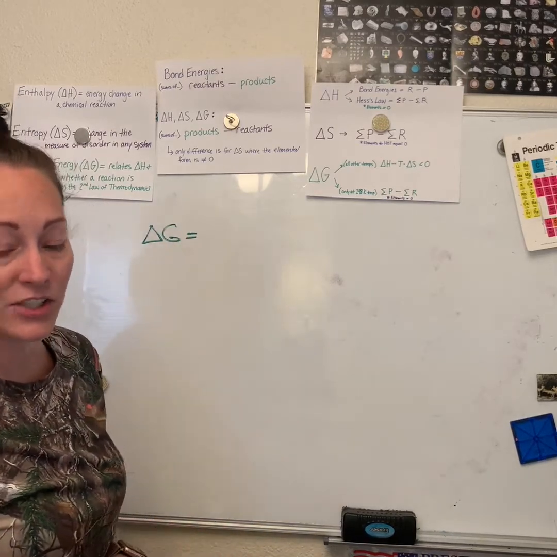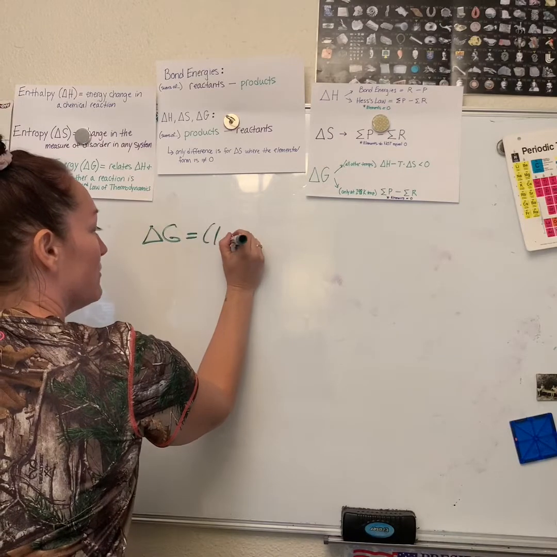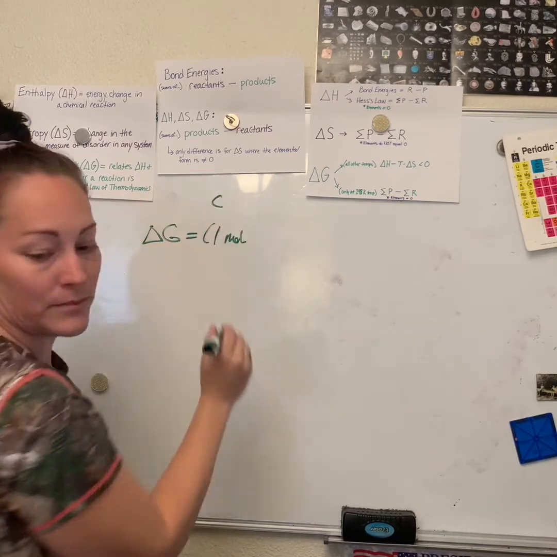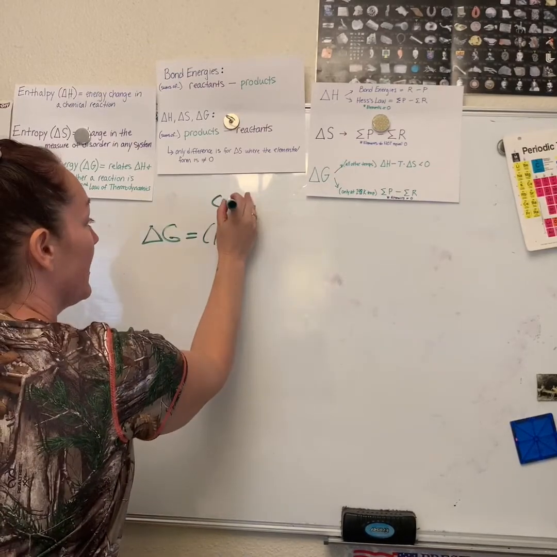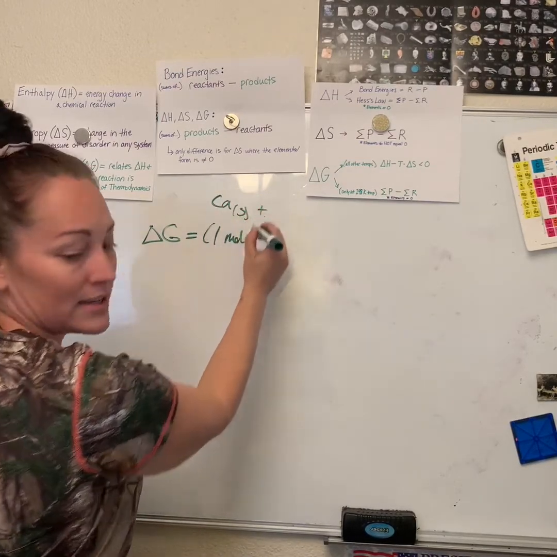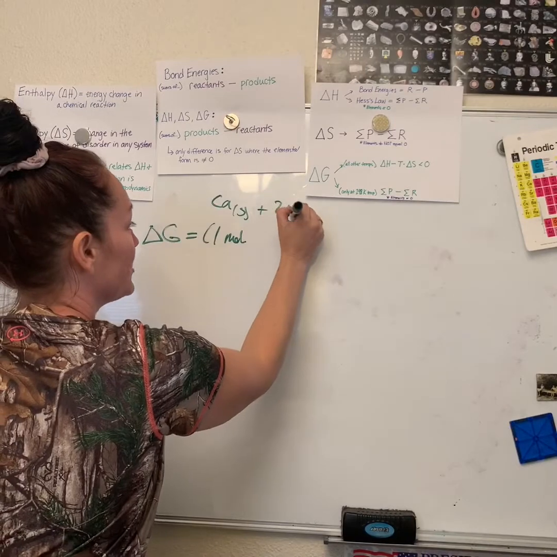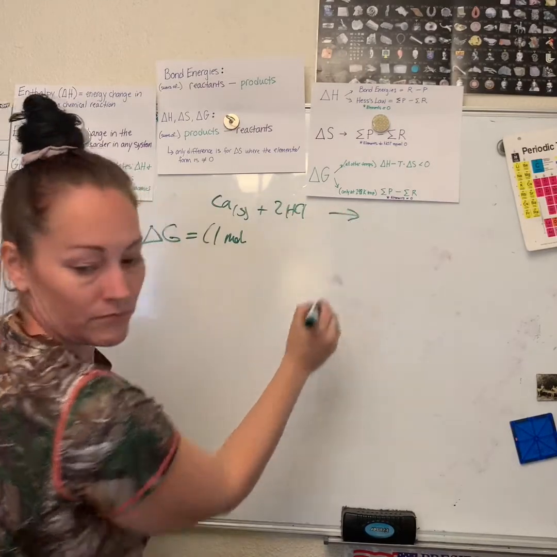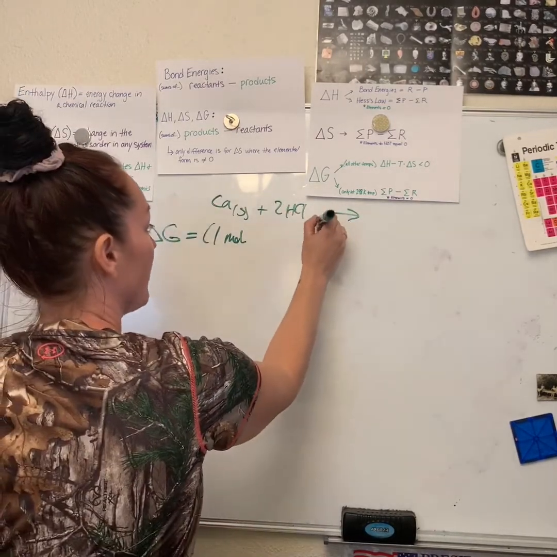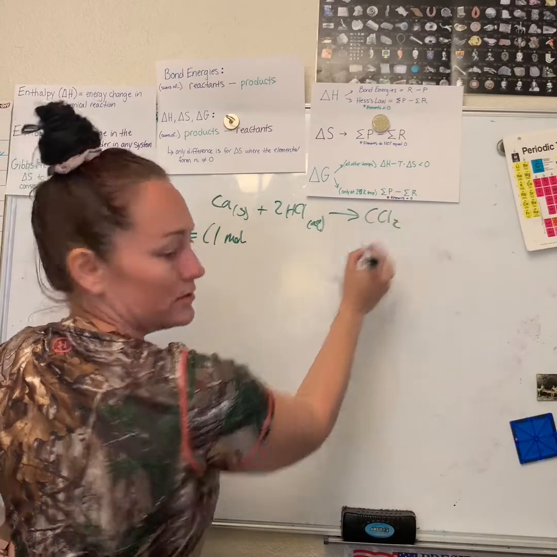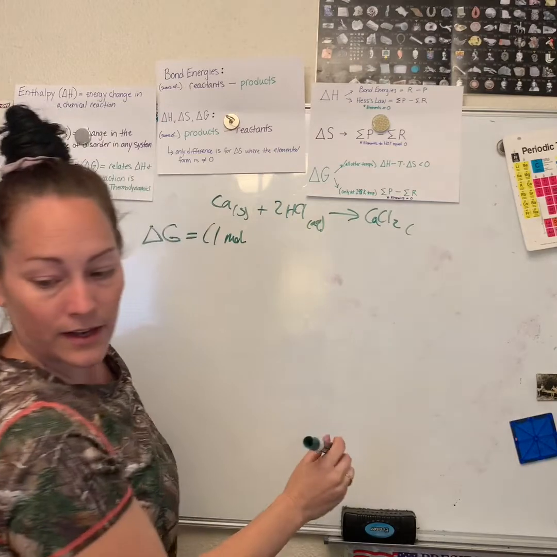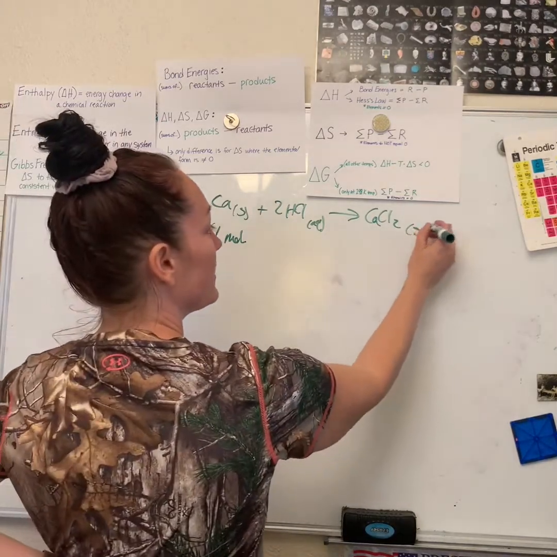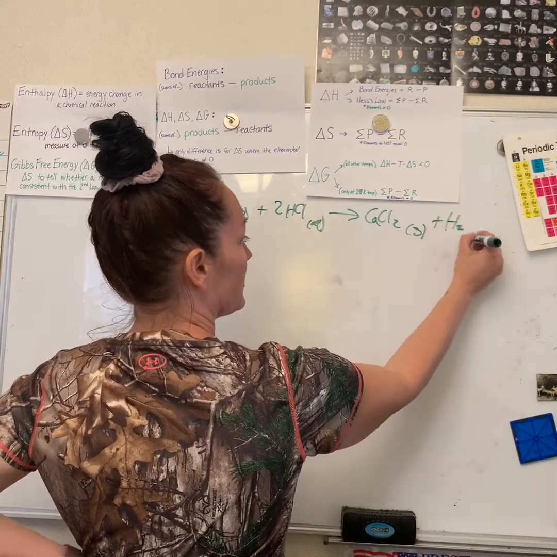So CaCl2, I have 1 mole. Here, let me write it up here really quick. CaS plus 2HCl aqueous, CaCl2, and that's a solid, plus H2 in the gas.